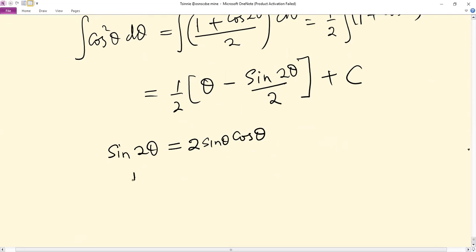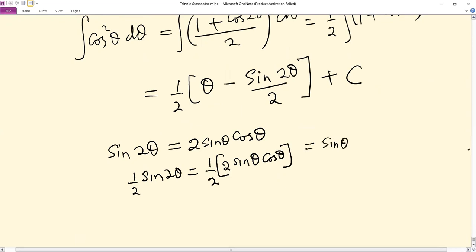So a half of sine of 2 theta is the same as a half into 2 sine theta cos theta, which will give you sine theta and then cosine of theta.